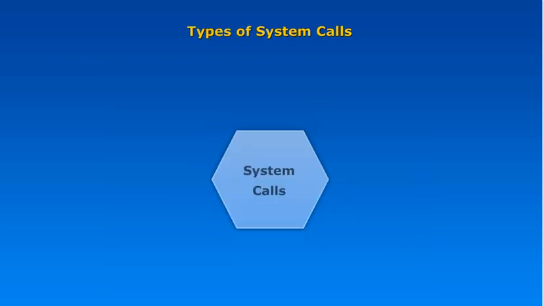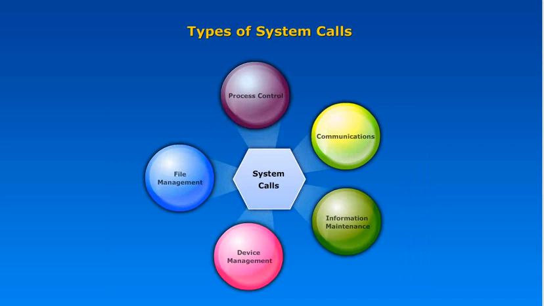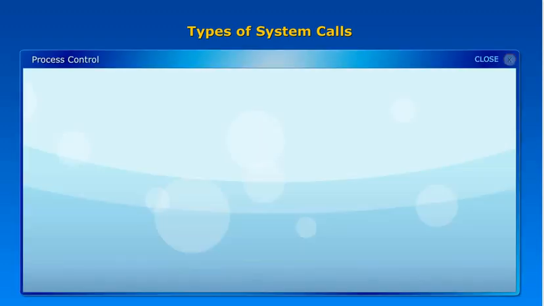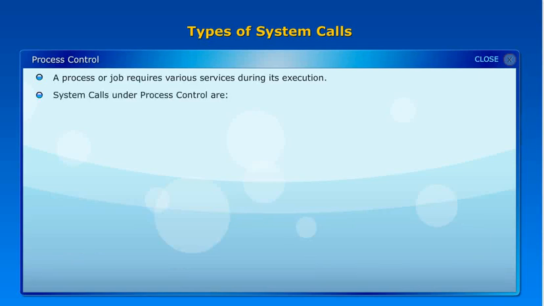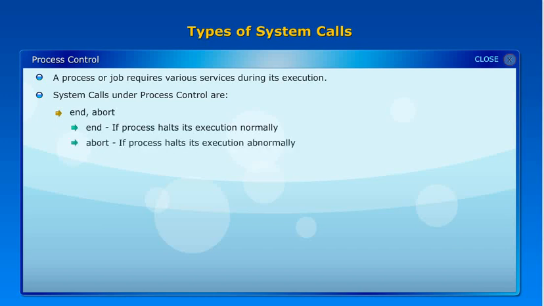The system calls are categorized based on the task they perform. Click to navigate. Process control. A process or job requires various services during its execution. System calls under process control are end, abort. End if process halts its execution normally. Abort if process halts its execution abnormally. Load, execute.